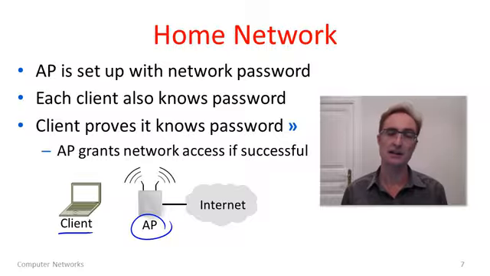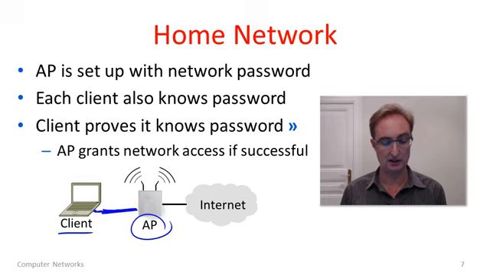And what happens is the client proves to the AP that it has the network password, and if it can prove that, then the AP will grant the client access to the network, and all of the messages that are sent between the two will also be protected, encrypted and so forth for good measure. And of course that is just over this link, even though many of the packets from the client will continue on to the internet or they came from the internet. The encryption is just over the link between the client and the AP.